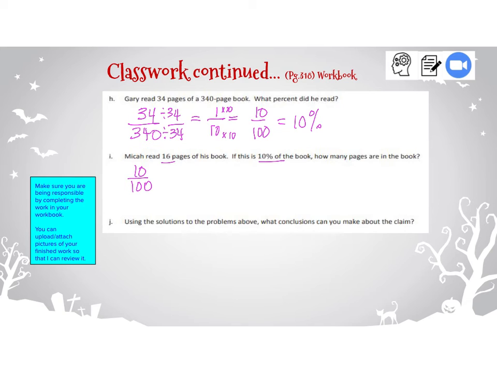And then we know that we've got 1 times the 16 when I go to 1/10, right? That's 10 times 16, because I divided it by 10 here. So that is equivalent to 16 over 160. So there are 160 pages in his book.